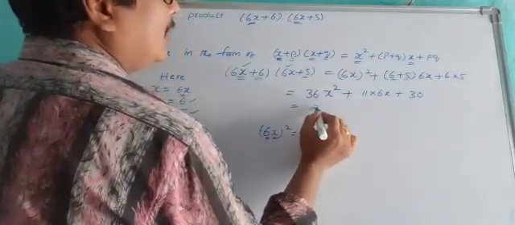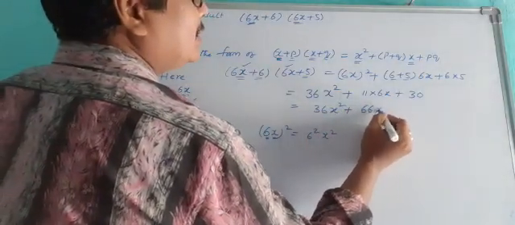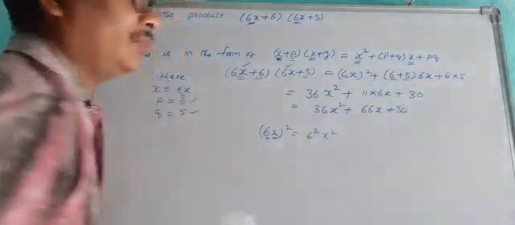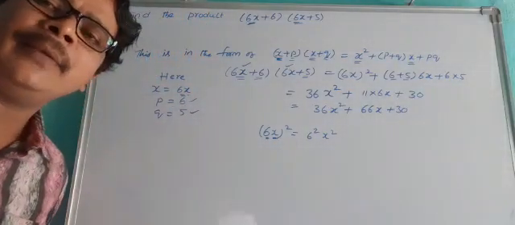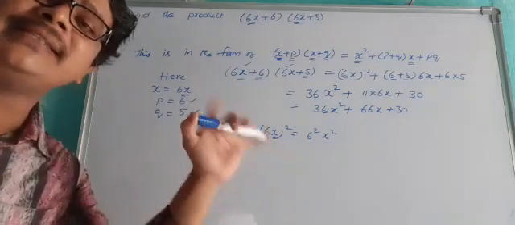That equals 36x² + 66x + 30. So this is the product of the given two binomials with different second terms.